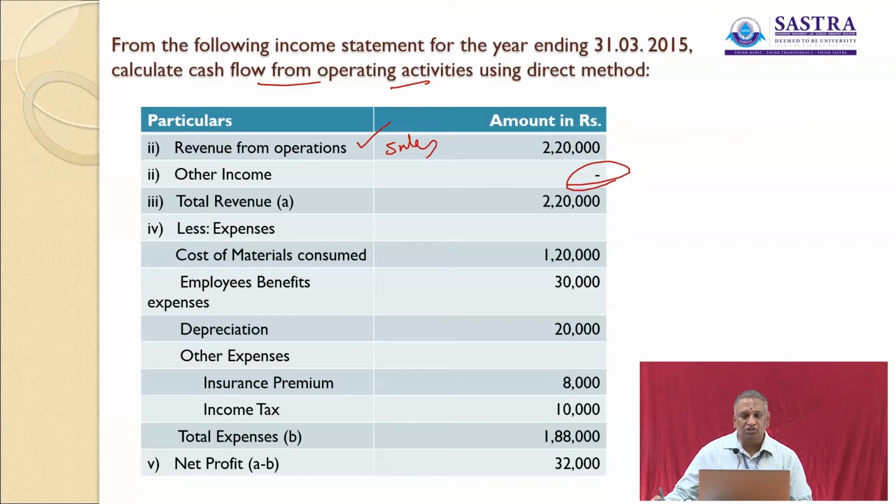And here in this question, there is no other income. So the total revenue is given as 2,20,000. And the cost of materials consumed is given as 1,20,000. And employee benefits, all these are part of income statement. Okay, in an income statement, you will find all these information. This is an income statement for the year ending 31st March 2015.